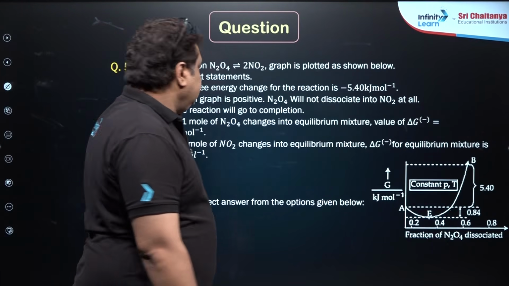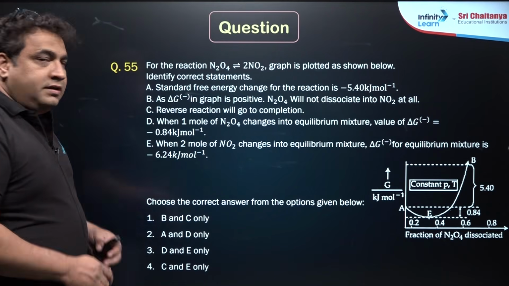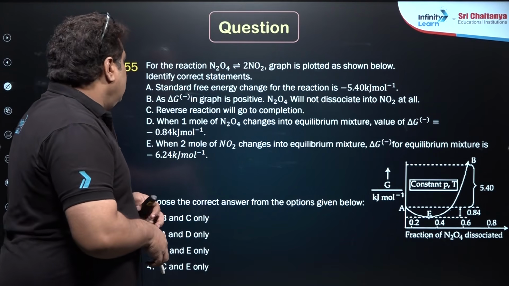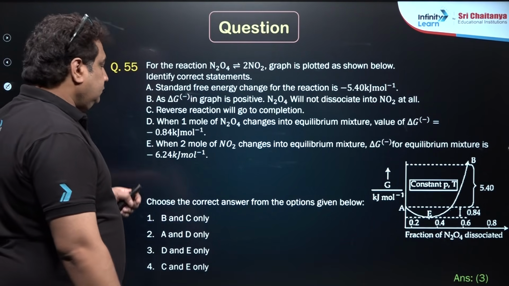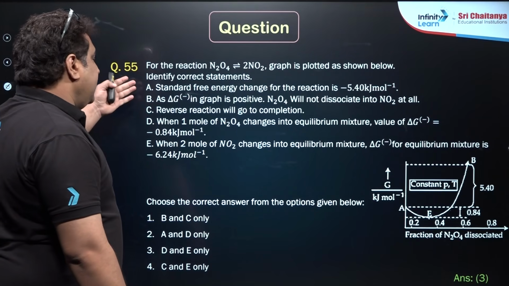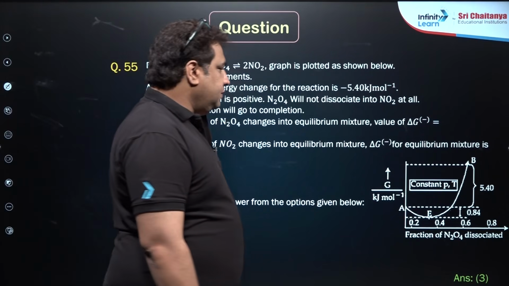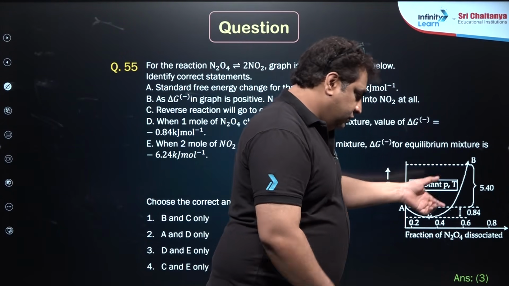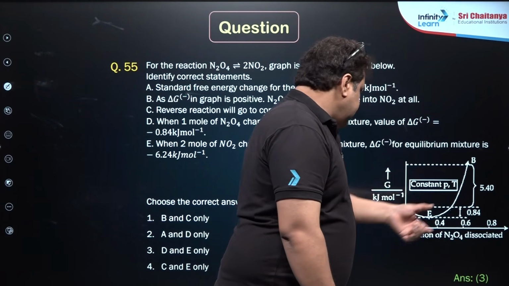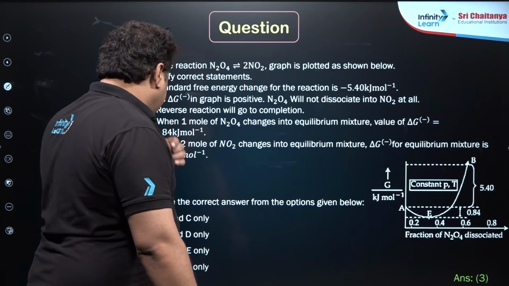Next, students, here the question is from chemical equilibrium. For a reaction, the standard free energy change for the reaction is, no, this is actually the driving force. So here you can see this part is the driving force, right.